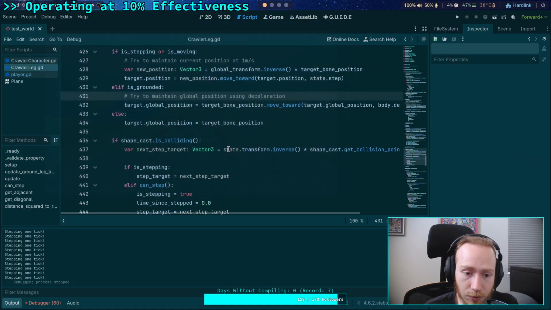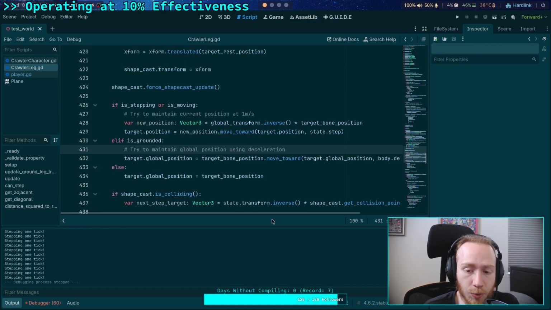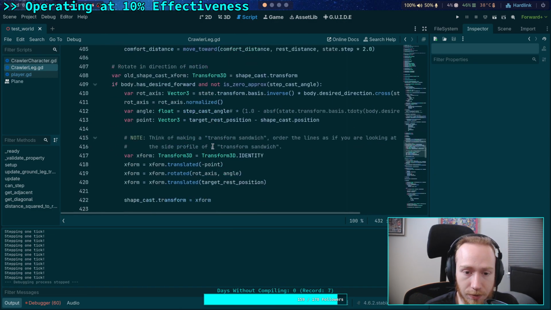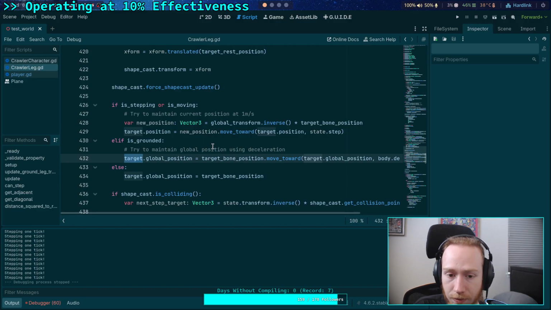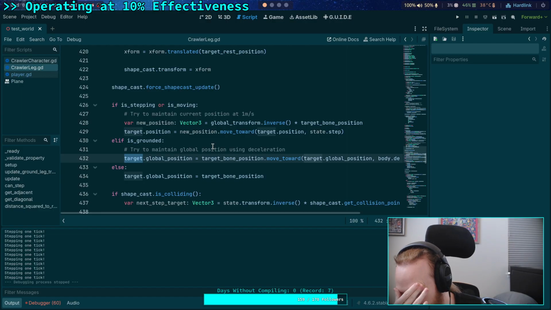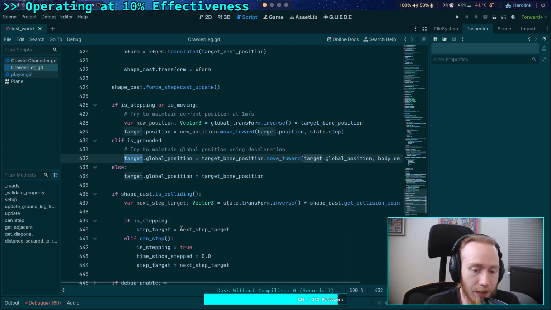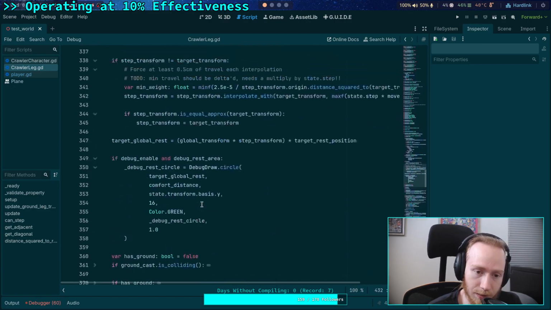Why aren't they maintaining the global position? Do I have to tell it to update that? Oh, no. No, I get it. I need to actually save the last position this was at somehow.